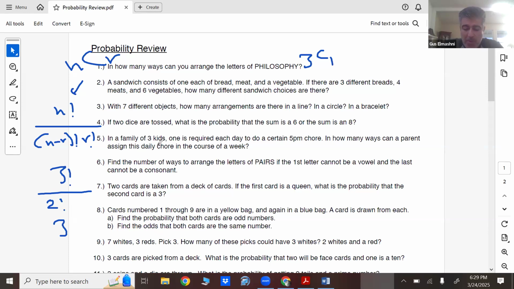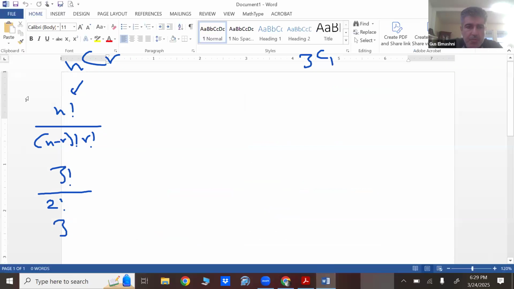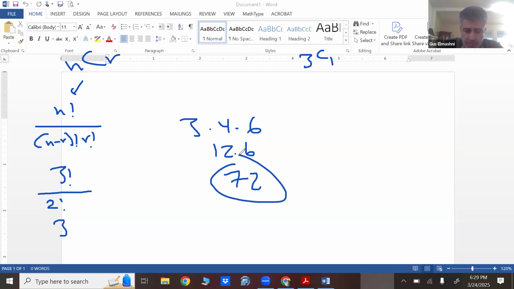Or if you're thinking about it, you only pick one bread out of 3. For meats, you only pick one meat. You have 4 meats to choose from, so that's 4 ways. And vegetables, 6 ways. So really, you're just doing 3 times 4 times 6. So 72 possible sandwiches you can do.